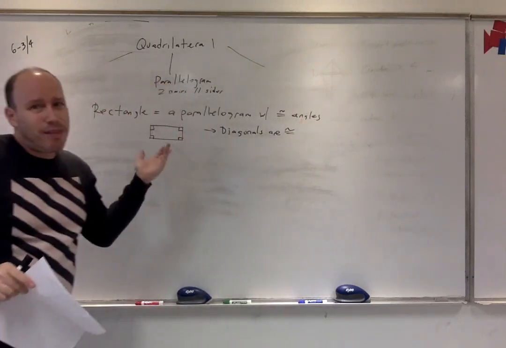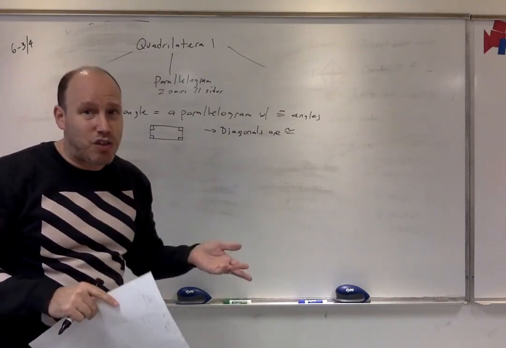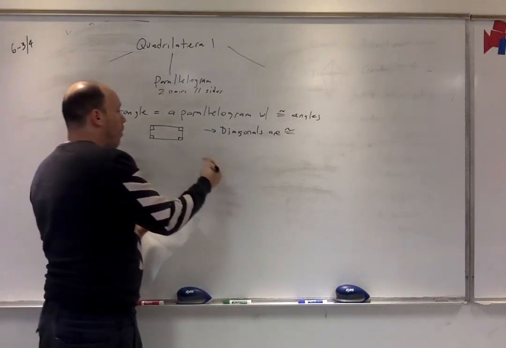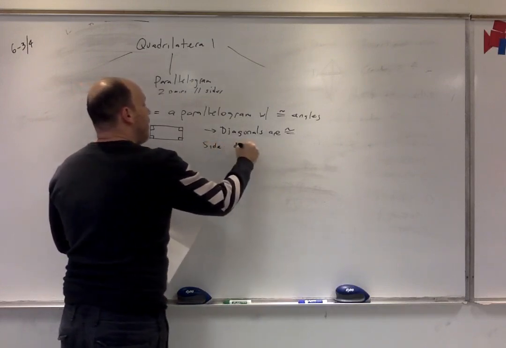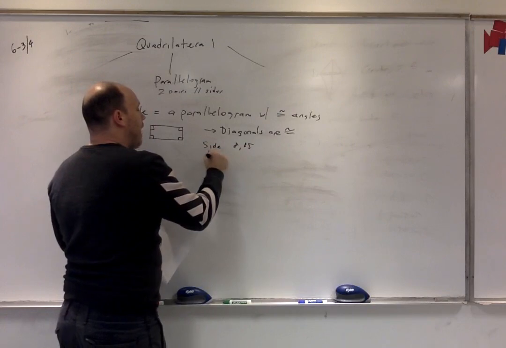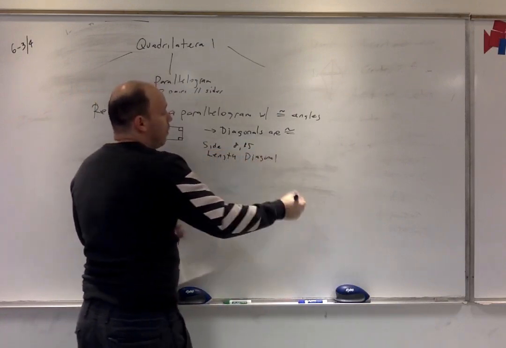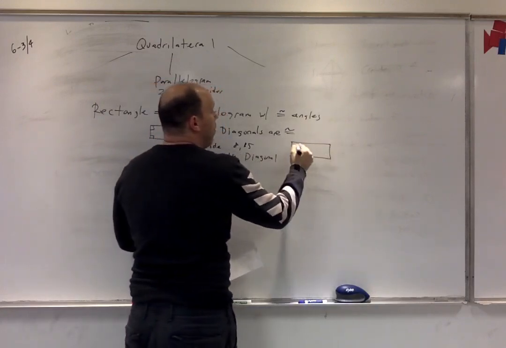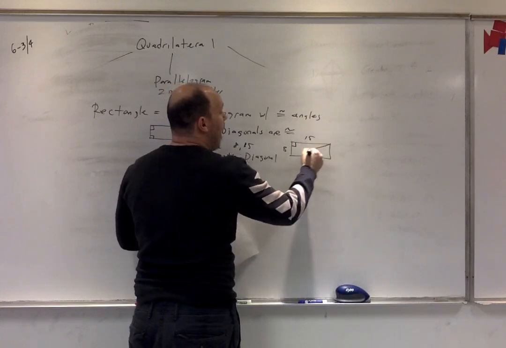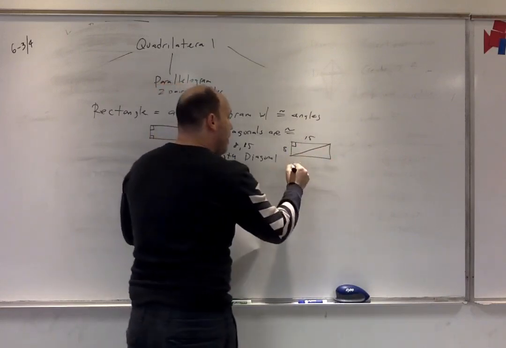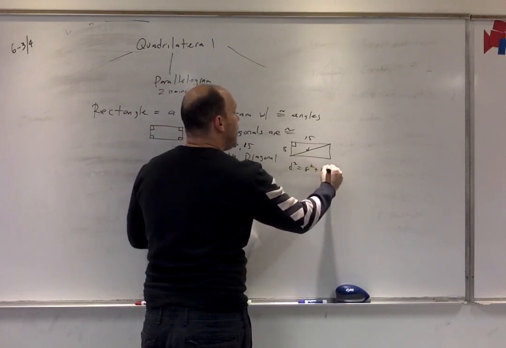That's rectangles, they're nice. And a lot of Pythagorean theorem questions can be asked. For example, let's say the sides are 8 and 15. What's the length of the diagonal? And you would say, okay, Mr. Adler, well, if this is 8 and this is 15, and this is a right angle, I know from Pythagorean theorem that d squared equals 8 squared plus 15 squared.